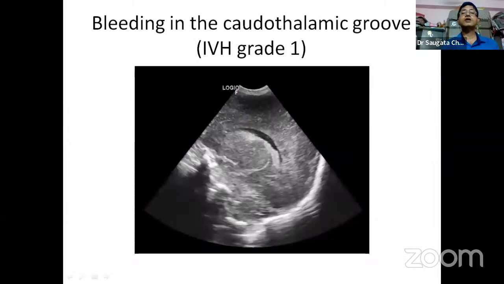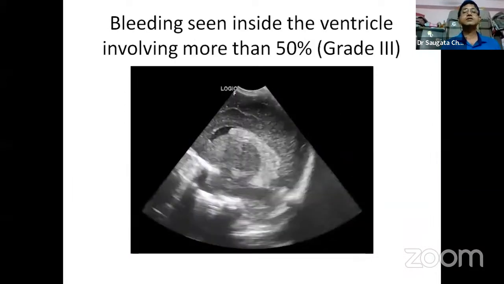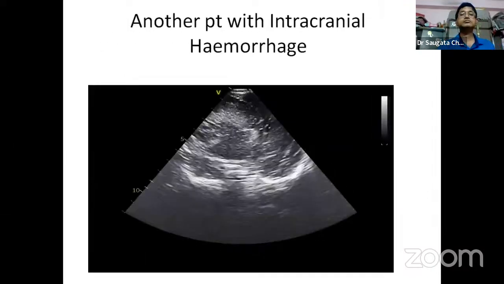Again, bleeding in the caudothalamic groove, you can see, is grade 1. This kind of bleeding, more than 50%, is grade 3.